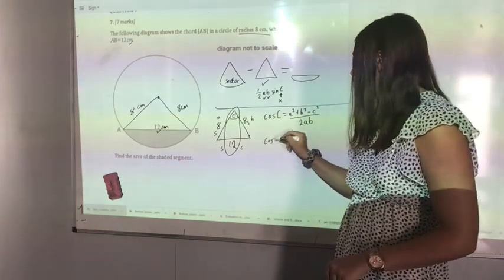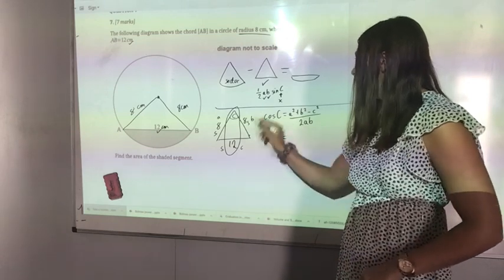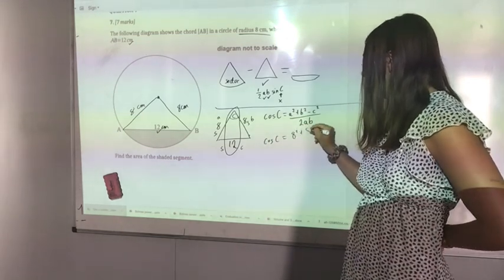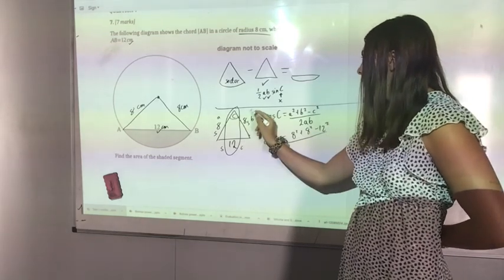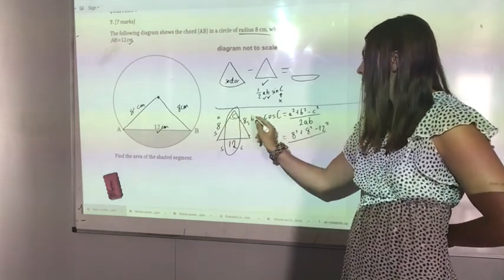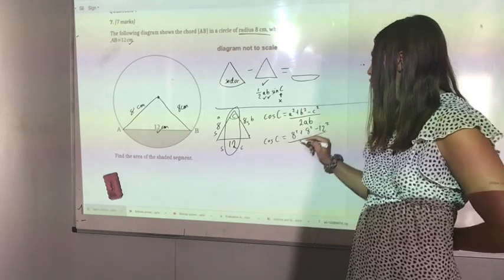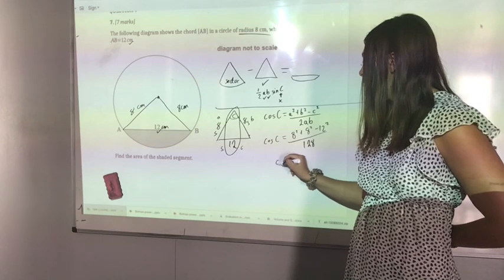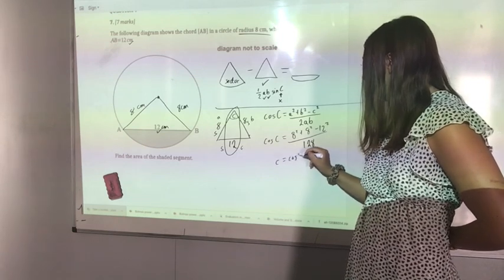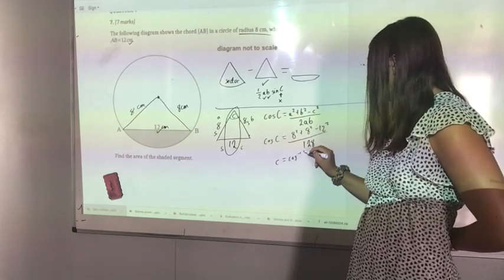Now we need to substitute in the relevant parts. We're going to get 8 squared plus 8 squared minus 12 squared over 2 times A times B. 2 times A times B is going to be 128. We then need to find the inverse. So you find cos to the power of minus 1 of everything in the brackets.